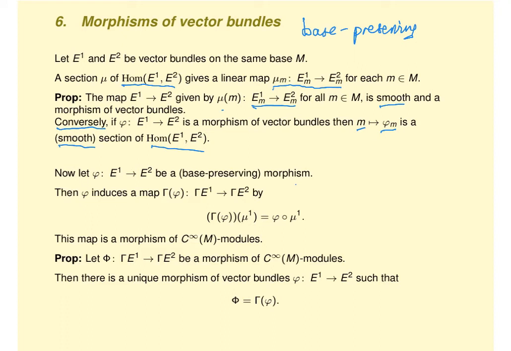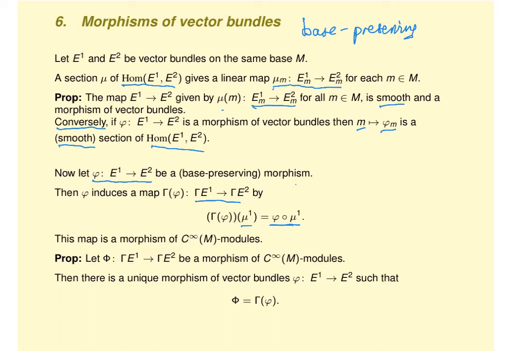Okay, that's one thing. Now the next thing about morphisms of vector bundles is that if we're given a phi from E1 to E2, base preserving, then it induces a map on the sections just by composition. I take a section of the domain mu1 and I compose it with phi, and that gives me a section of the target E2.